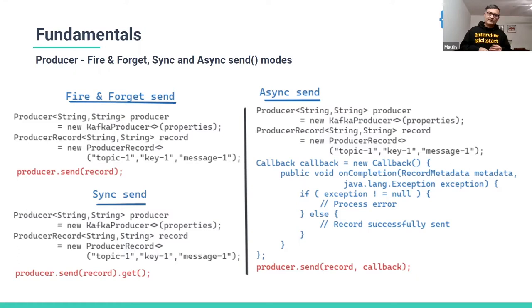The other mode is sync send, where you send a message and then immediately you have a get call here, as you see in the red line. That means you send and you wait immediately in a sync fashion, which works well, not a problem, but obviously it has an impact on throughput, because per message you are waiting. Send, I wait. Send, I wait. The third mode is probably the most popular and common mode of sending.